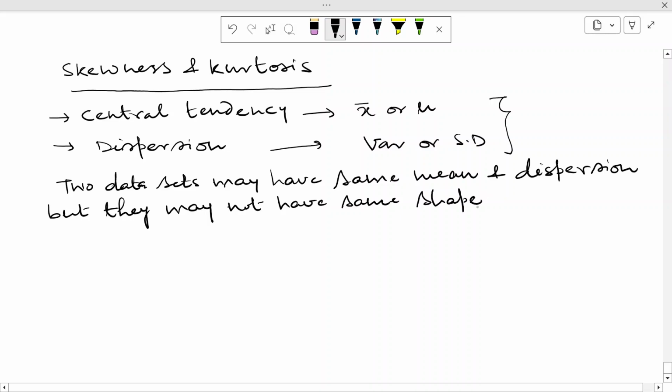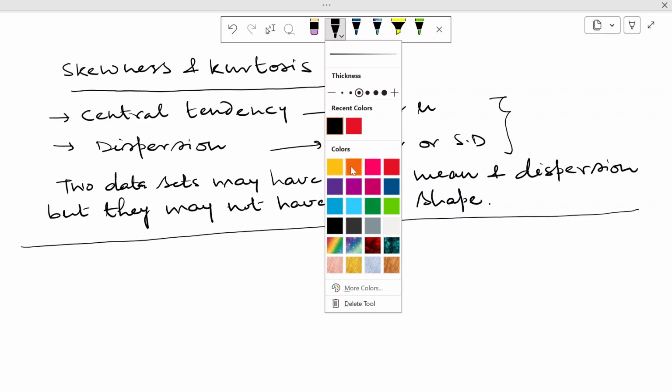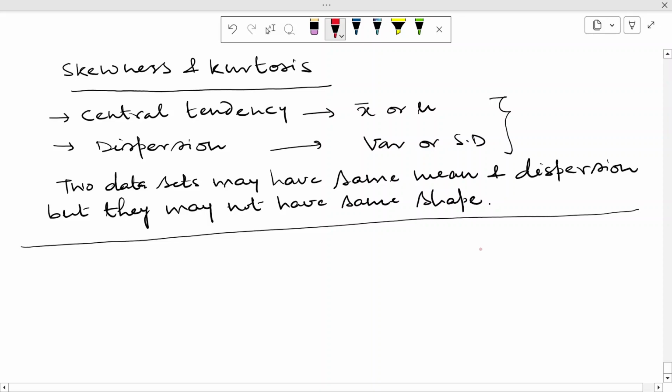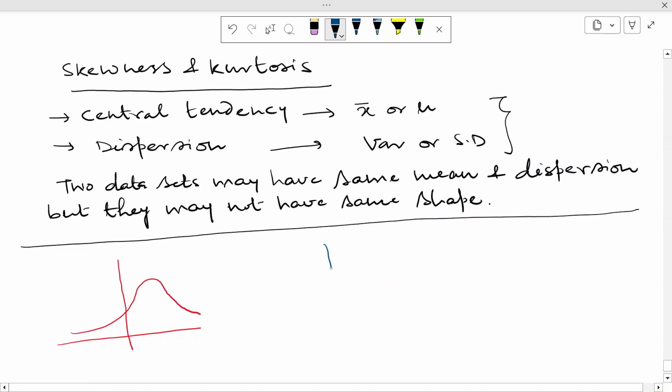That means it is possible that we may have two data sets which vary in terms of shape. Means you have one data set which will have this type of shape, and you have another data set which has this type of shape.